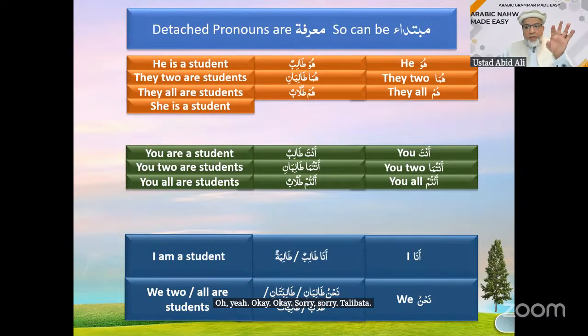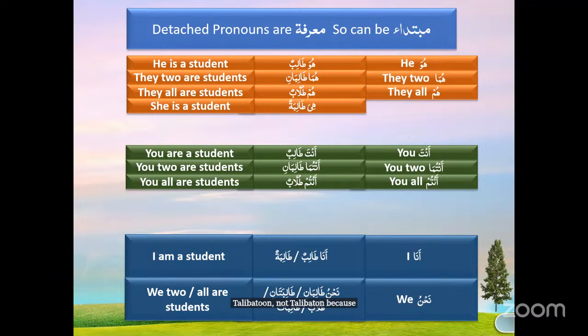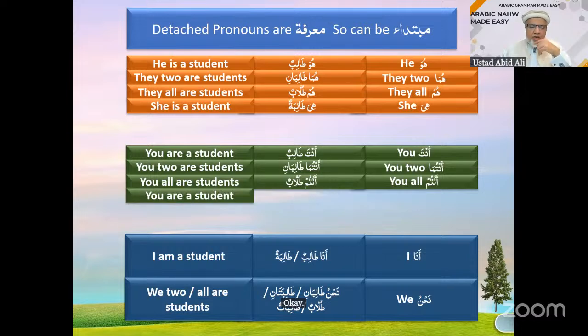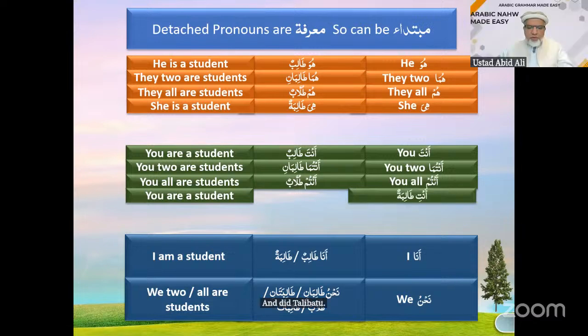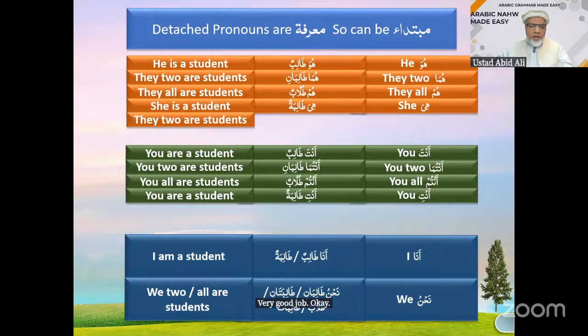Talibatun, not talibun. Okay. MashaAllah. Jazakallah khair. Brother Ashfaq, you are a female student. Anti talibatun. Very good job. The next one is they two are students. Sister Homa.